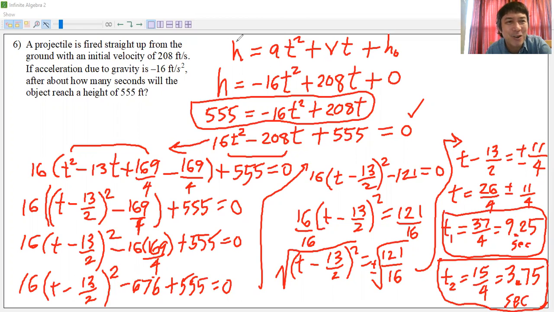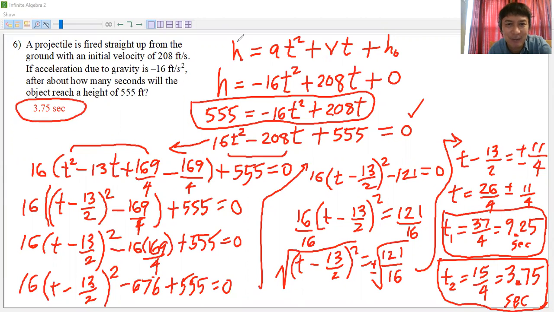All right. So the required answer here is just the smaller, because that will be the first time that it will reach the height of 555. Okay, so let us see the answer. There, it's over here. It's 3.75 seconds.